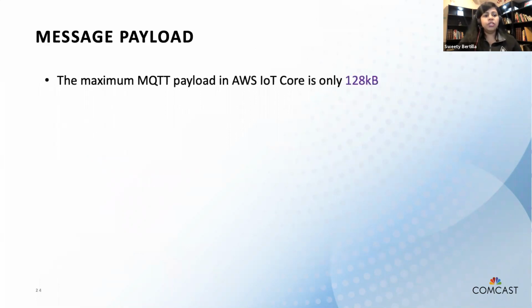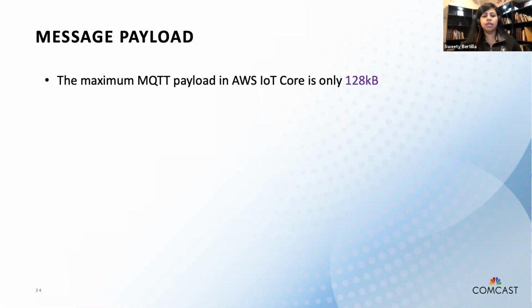So we were talking about message payload. You could see that AWS only supports a maximum message limit of 128 KB. So if you're working in an IoT space and you have, say, 10 devices, connected lights, thermostats, and you say, get me all the devices, it doesn't give it to you in one single shot.